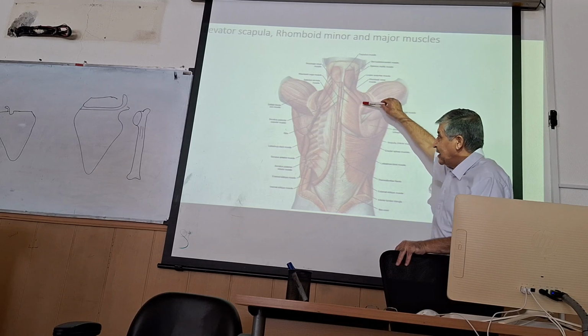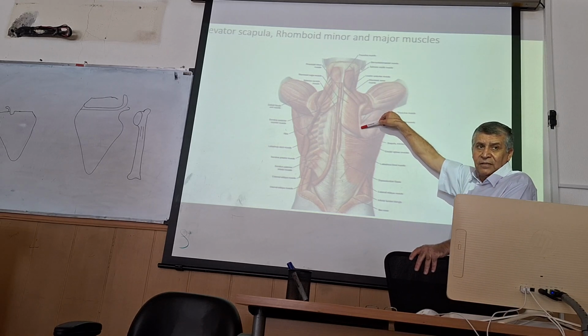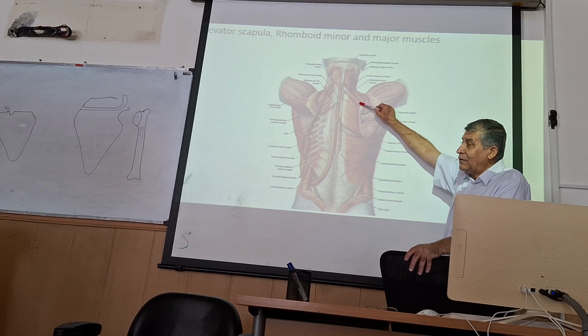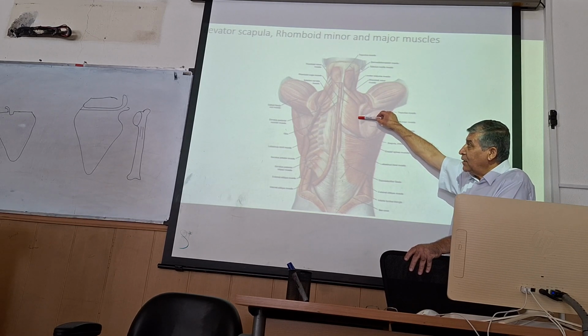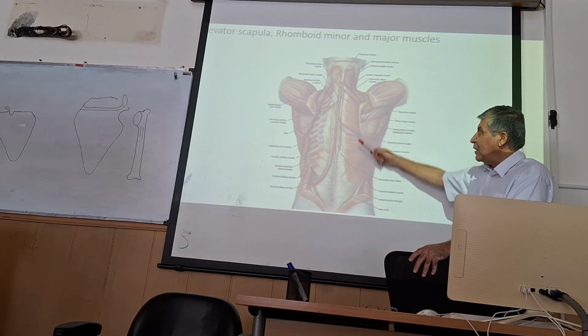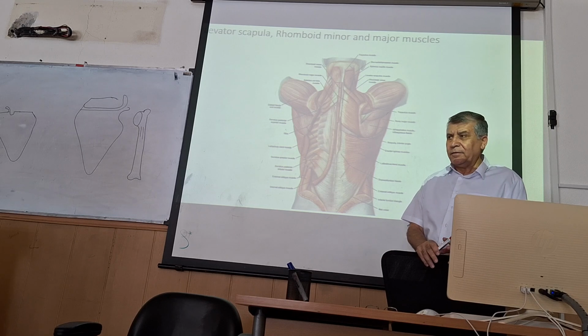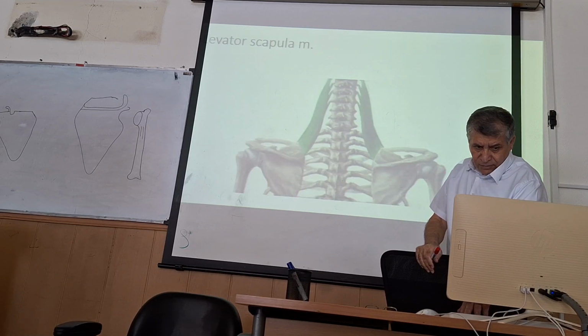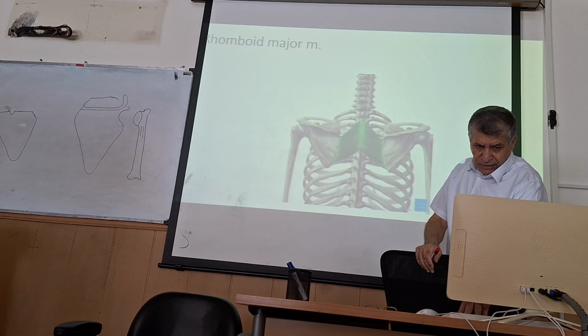All of them insert into the medial side of the scapula. From above to below: levator scapulae, rhomboid minor, and rhomboid major. All of them are innervated by the dorsal scapular nerve.